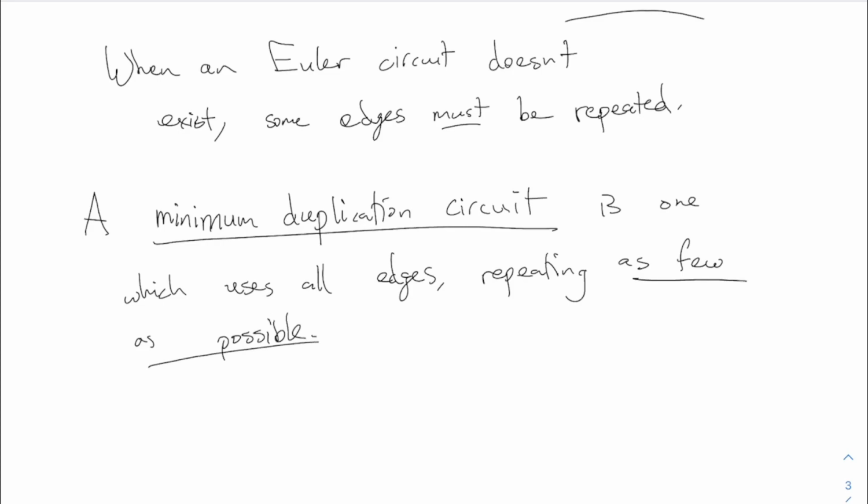That's why it's called minimum duplication, because you are going to have some repeats in there, but it's the least number that you can possibly do.